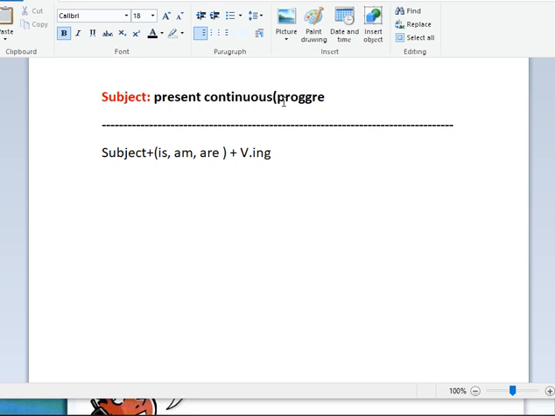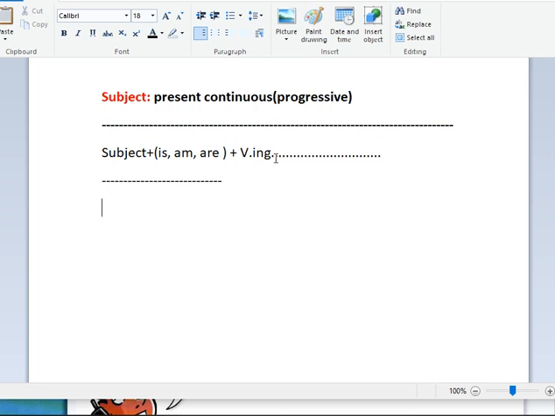Sorry about the spelling. I believe it's like this one. This is called progressive. It means something that is continuing at the time of speaking. This is the rule, and after you have added verb ing, you complete your sentence. So let's see some examples.